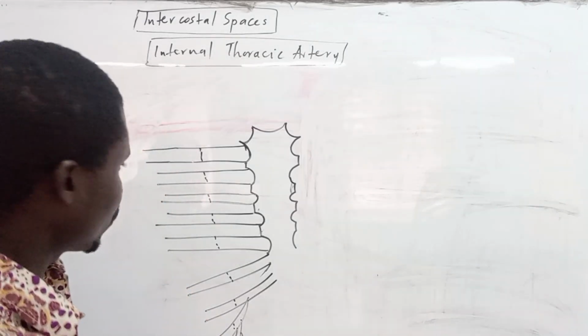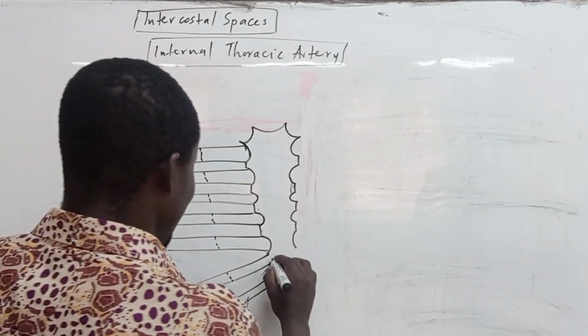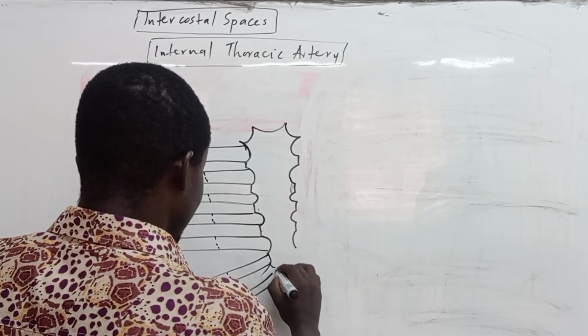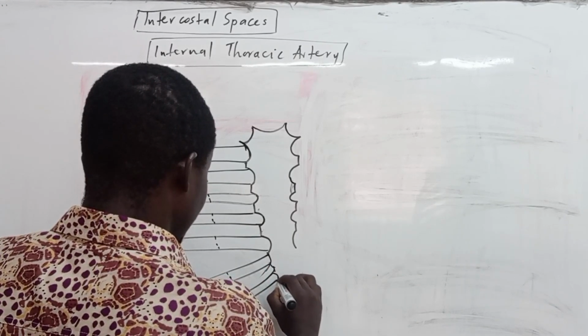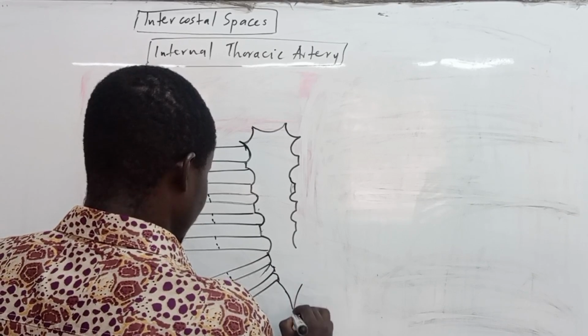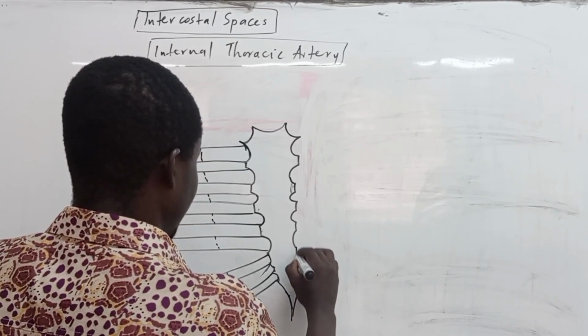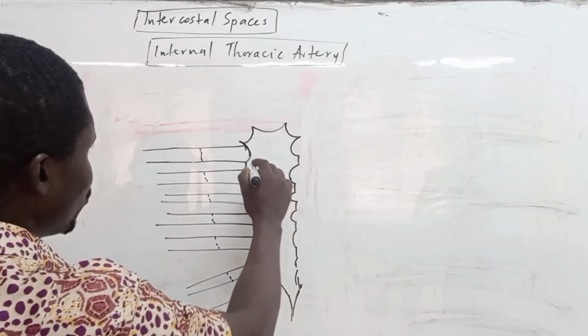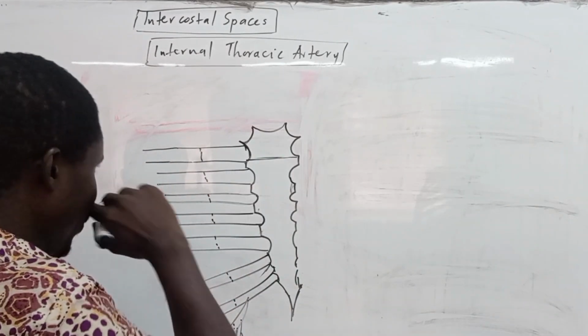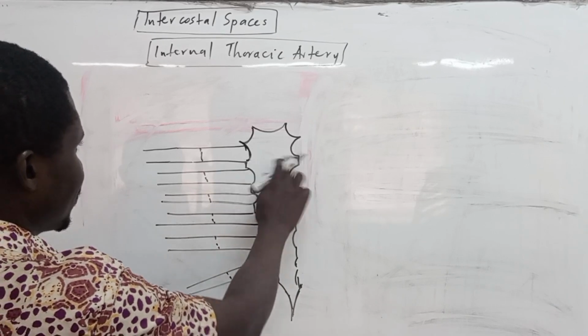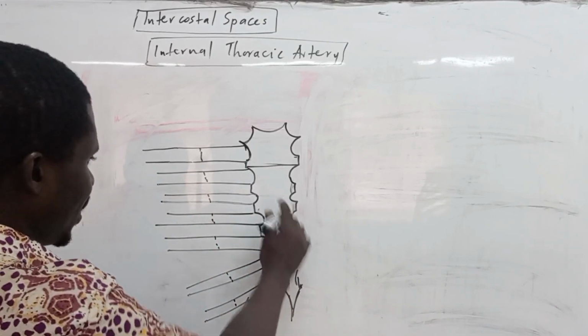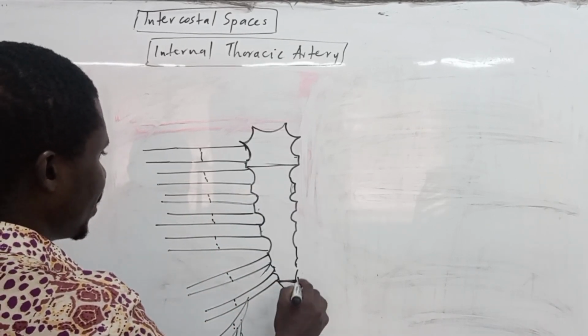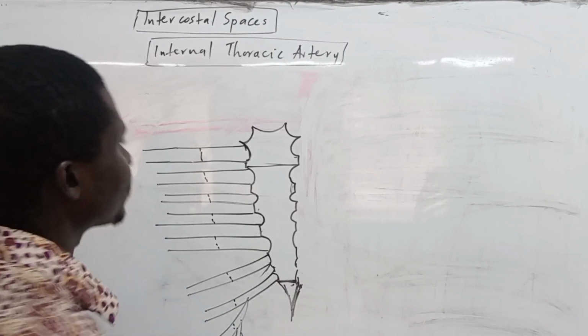So I have this, just one side only. This is the sternal margin. I have my manubrium around over here, and then the body, then I'll have my xiphoid process around here.